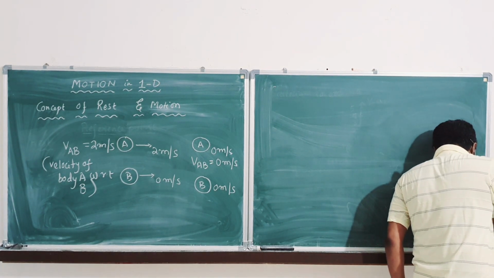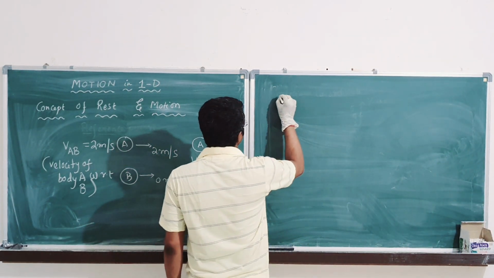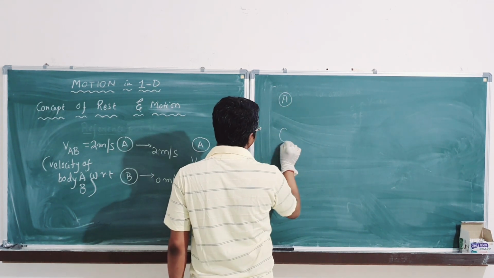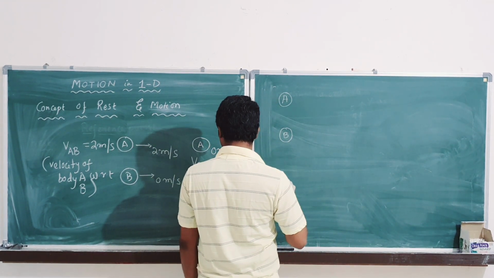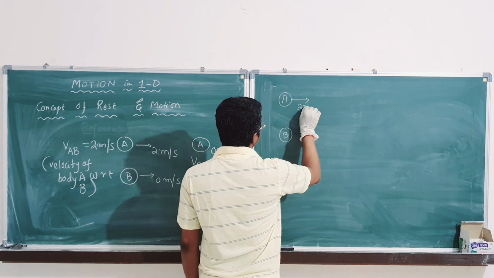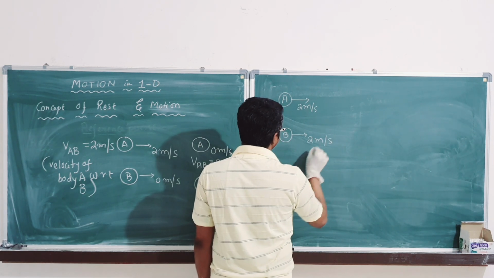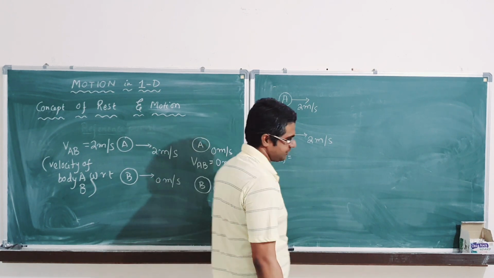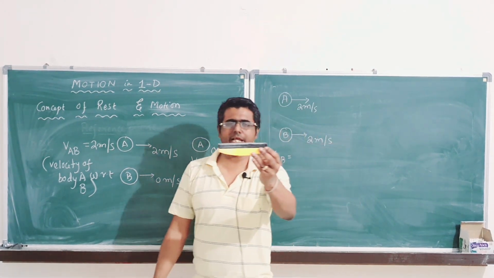Now, this is A and this is B. Another condition we are taking: A is 2 meter per second and B is also 2 meter per second, and we need to calculate VAB, the velocity of A with respect to B. I am B and I am also moving, A is also moving like this.